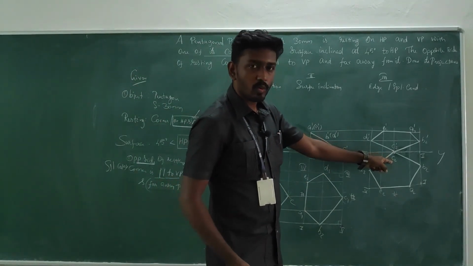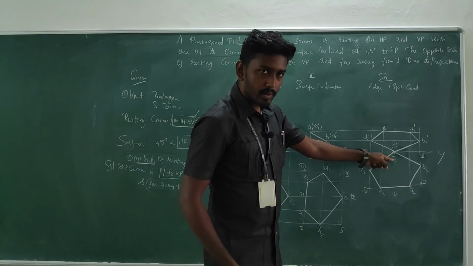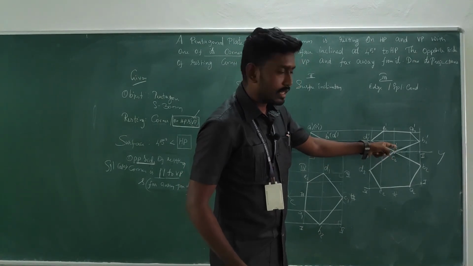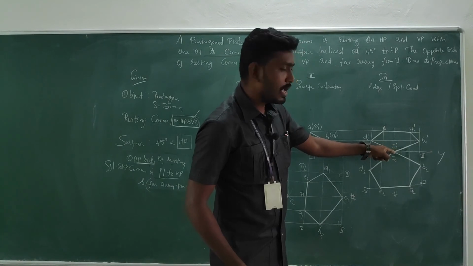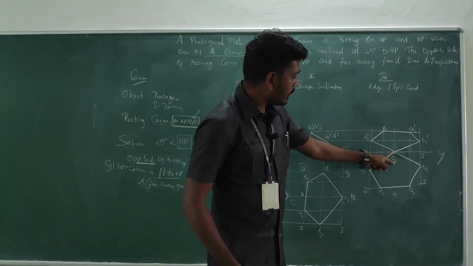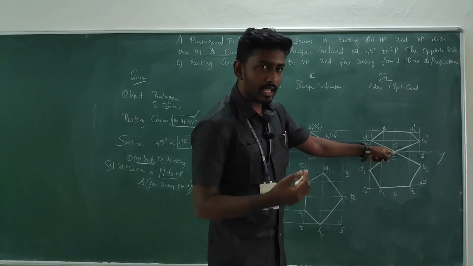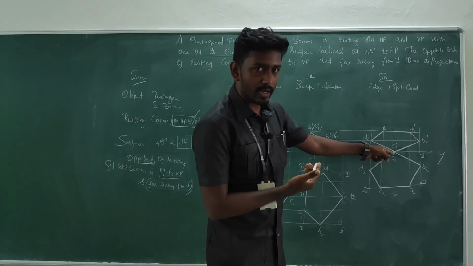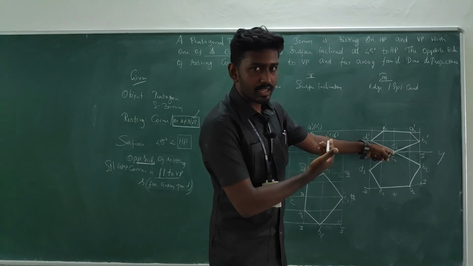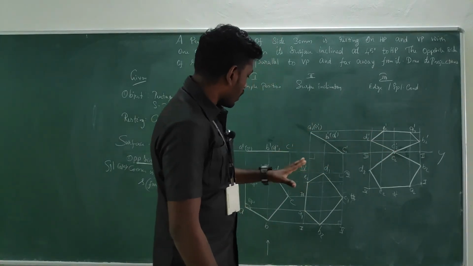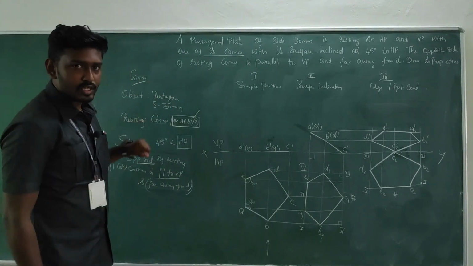The final view, what happened? In the front view, the C is on the HOI line. That means in the front view, it is resting on HP. And in the top view, if you see, it is also just resting on the HOI line. That means it is showing it is resting on VP. Okay. So this is how we have to make it when you are coming with such conditions.